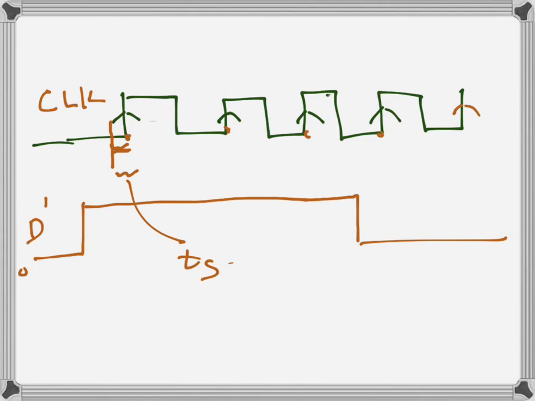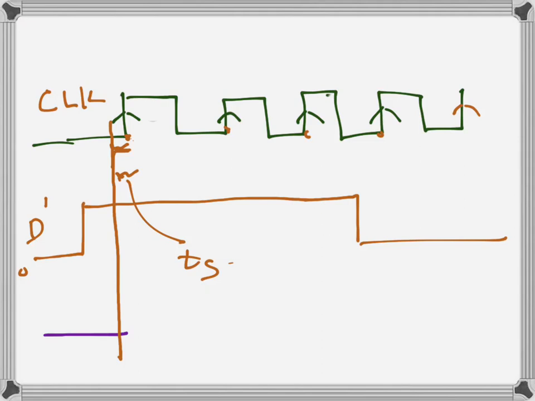Let's say we have another input signal, like that. So this is our TS. Up to there, this is the rising edge of the clock.